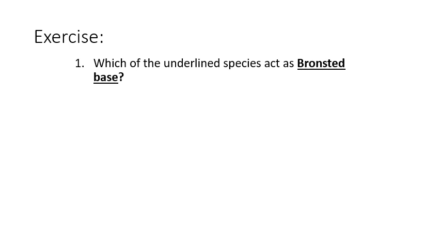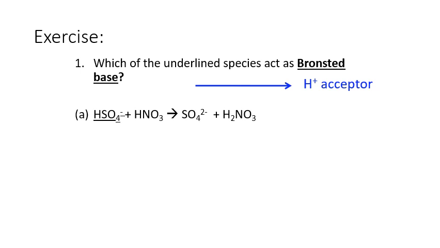Now look at the exercise again. Which of the underlined species act as Bronsted base? Recall that a Bronsted base is a proton acceptor. HSO4-, I will pair with SO4 2-. So we see that this has lost H+.